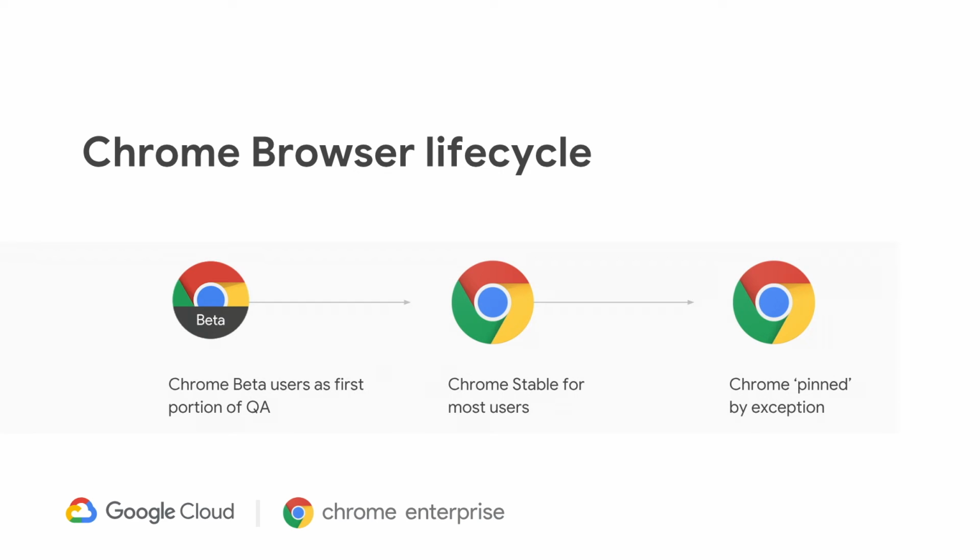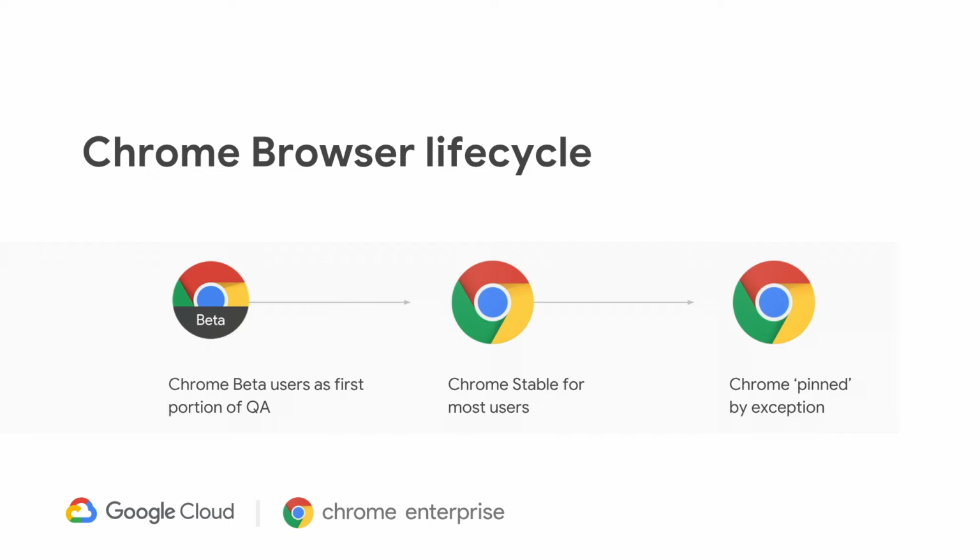If we look at a great way we see some organizations segment their users and maximize their use of updates, it looks something like this. There might be a small group of select beta users. They're serving as an internal source of QA, really testing out the browser latest release on the applications and things that they do on a daily basis.